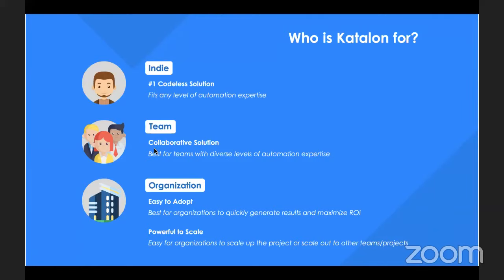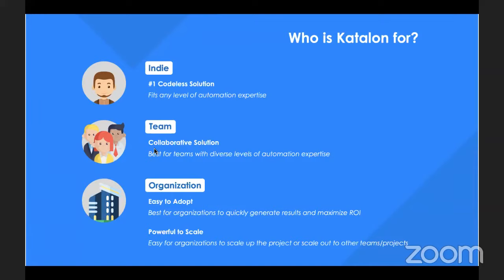In terms of team, we identify ourselves as a collaborative solution, and we bet on teams with diverse levels of automation expertise. Right now, a lot of our customers have in the team maybe one or two experts who use Katalon Studio and build the framework.